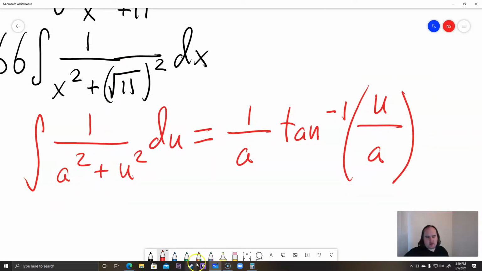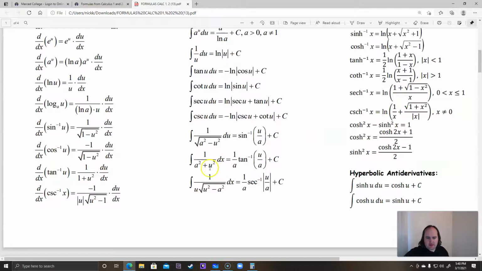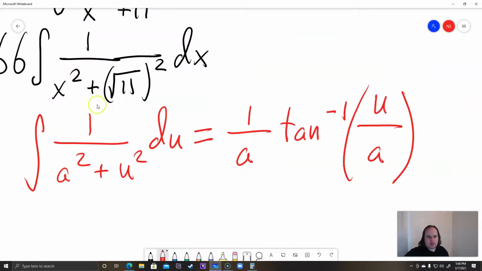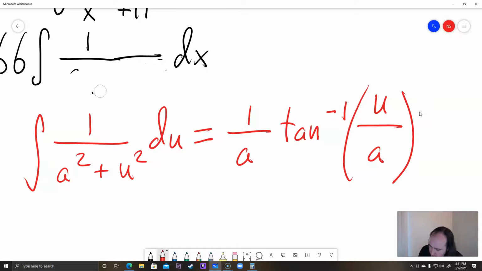Well, a is actually the constant. In that formula, a is the constant and u is the variable. So the order's switched around a little bit here. Instead of writing x squared first and root 11 squared second, I can just switch around the order. So I can rewrite that as root 11 squared first, and then x squared second.